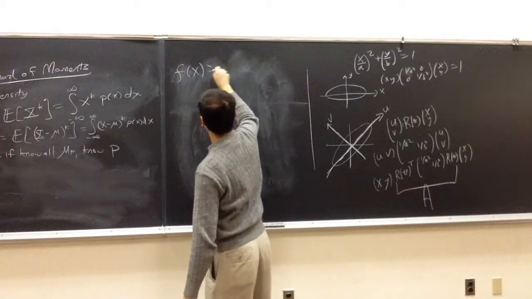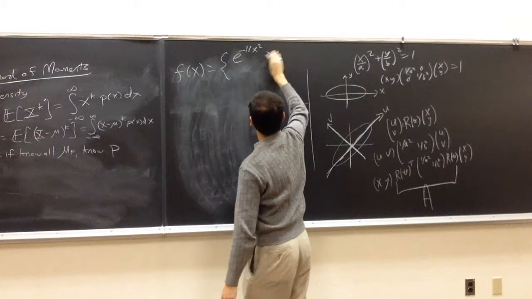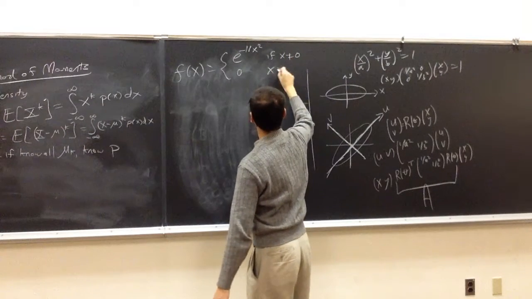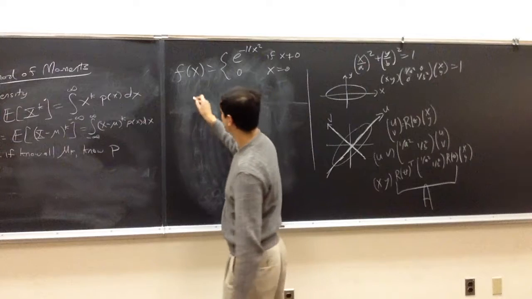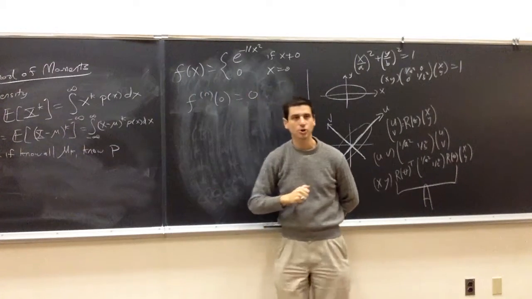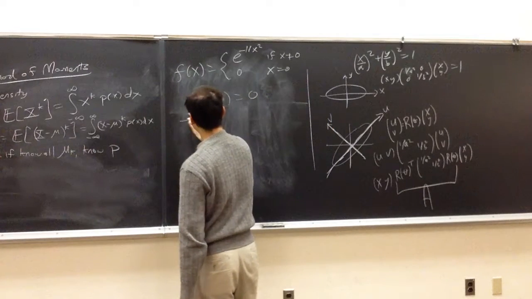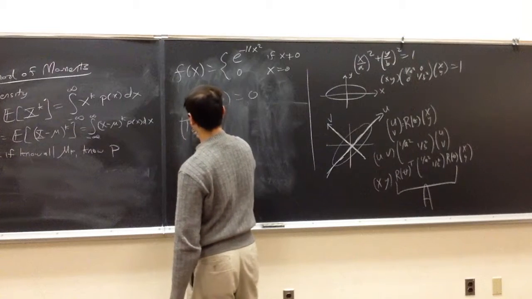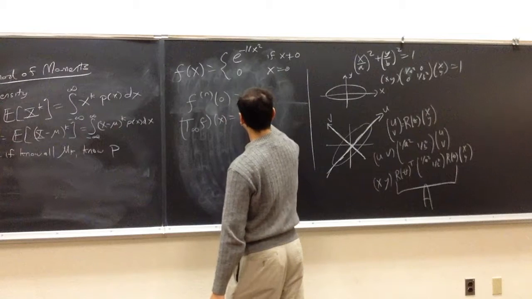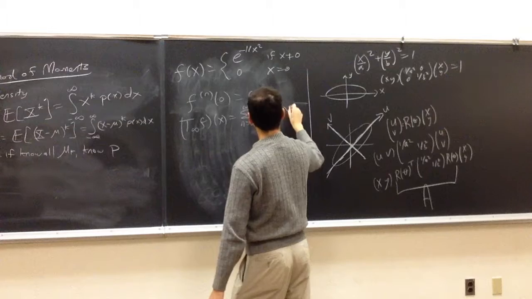If you take f of x equals e to the negative 1 over x squared, if x does not equal 0, and 0 if x equals 0, then it turns out, using L'Hopital's rule, you can show all the Taylor coefficients at 0 equal 0. This means if you look at the Taylor series of f, it will be the sum, n goes from 0 to infinity, of the nth derivative at 0 over n factorial x to the n.